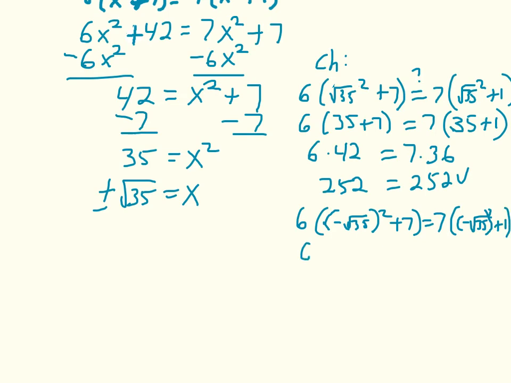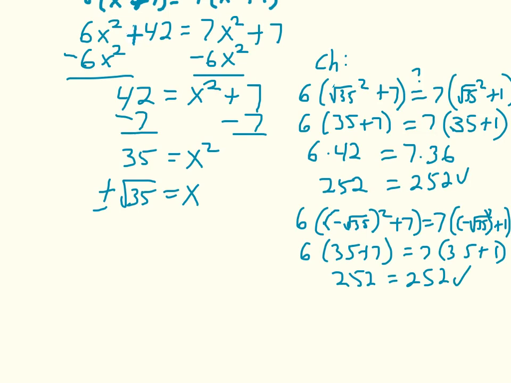And you're going to end up getting the same result here of 35 plus 7 equals 7 times 35 plus 1. So we're going to get that same outcome of 252 on each side. And so we'll circle those as our two solutions.